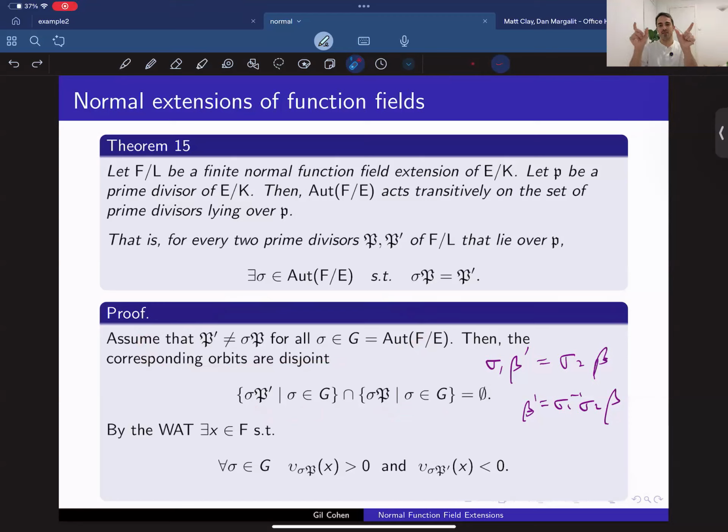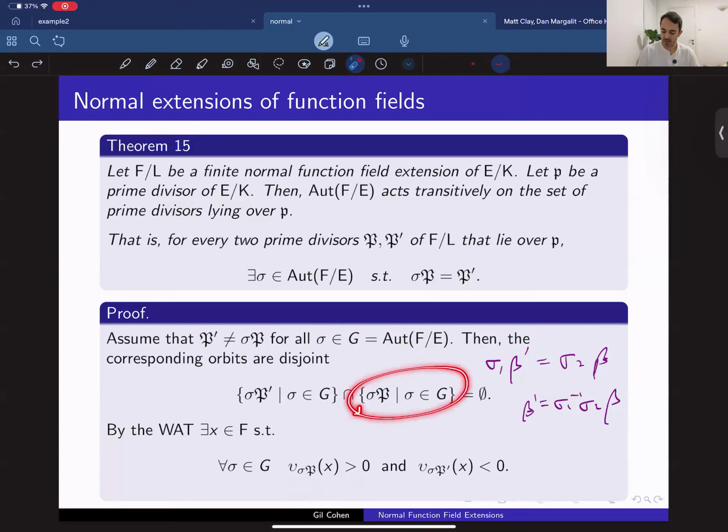And now the point is we are going to look at these two orbits at the level of E, because there they kind of agree. All of them lie above little p. So what we are going to do is use the weak approximation theorem to find an X, an element in the big field F, such that for every sigma in G, I will require V sigma of capital P of X to be positive.